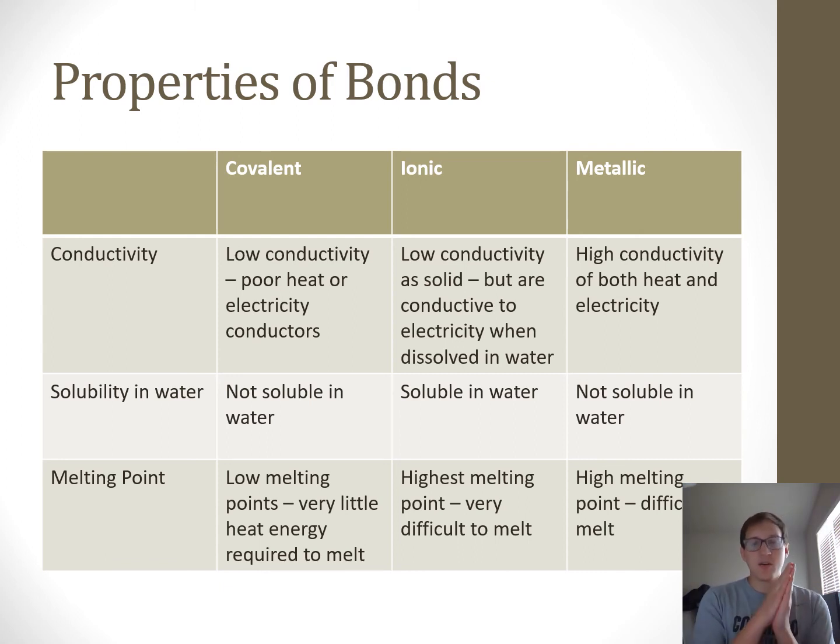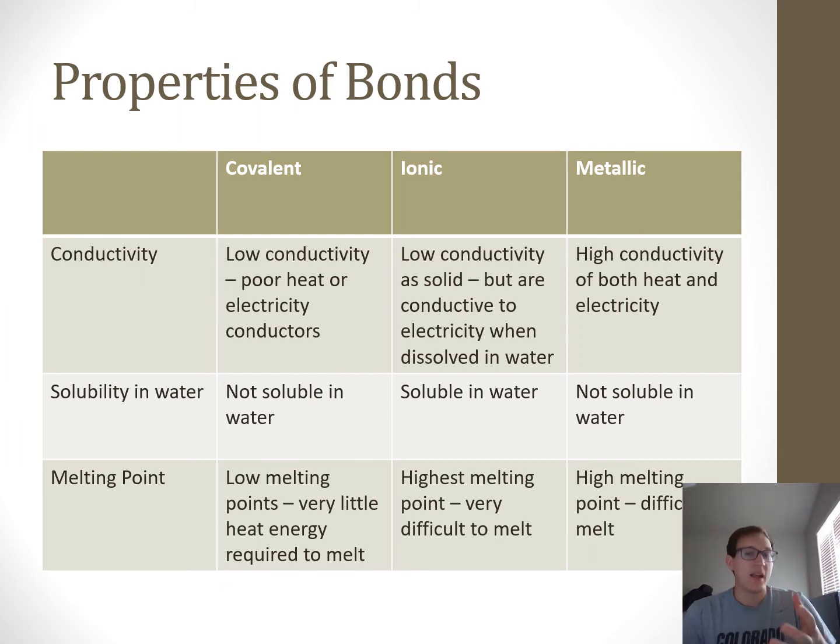Conductivity is the ability to let heat or electricity run through them. Covalent bonding: low conductivity, poor heat and electricity conductors. So things that are covalently bonded do not tend to have high conductivity. Ionic bonding: low conductivity as a solid, but when they are dissolved in water, they have high conductivity.